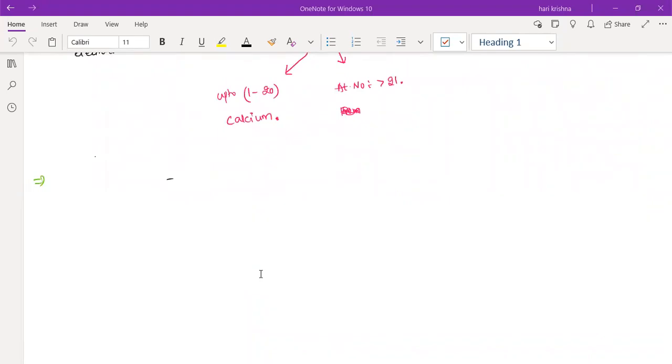No, sir. So next we'll start finding the number of protons, electrons, and neutrons using the atomic number and the mass number.